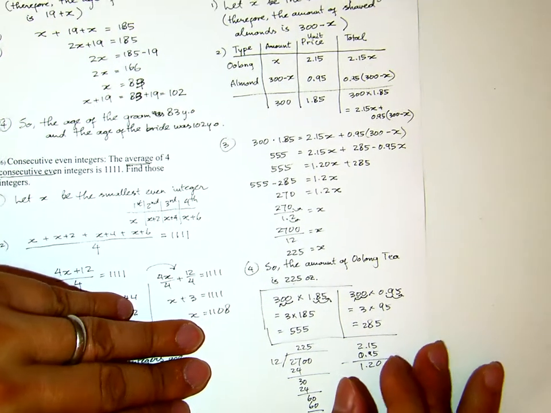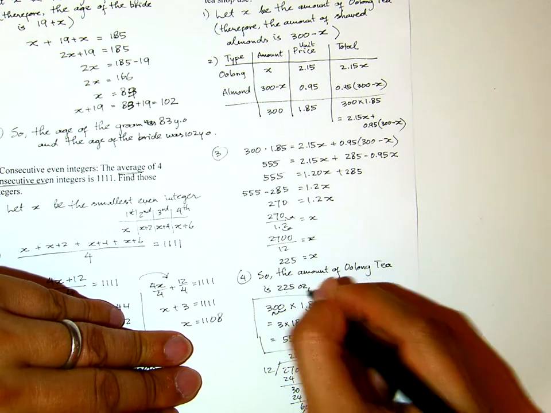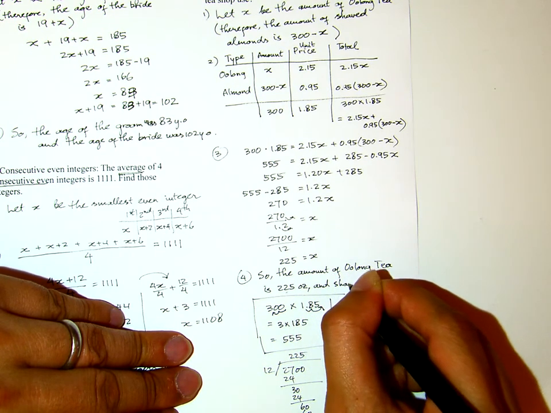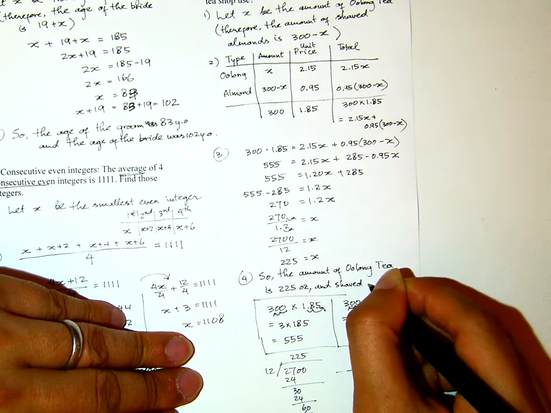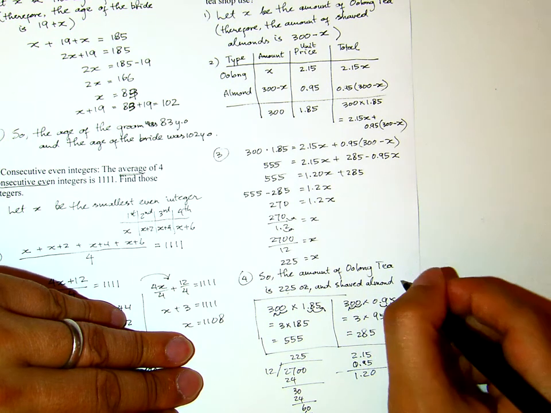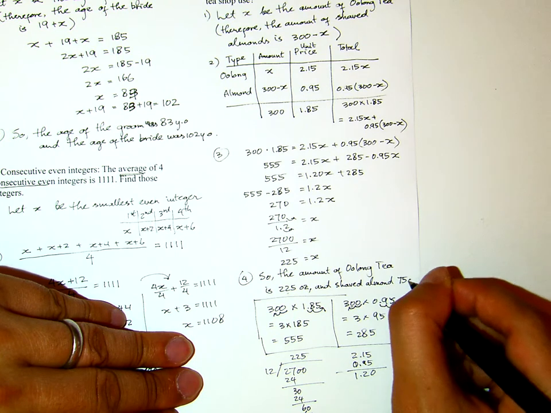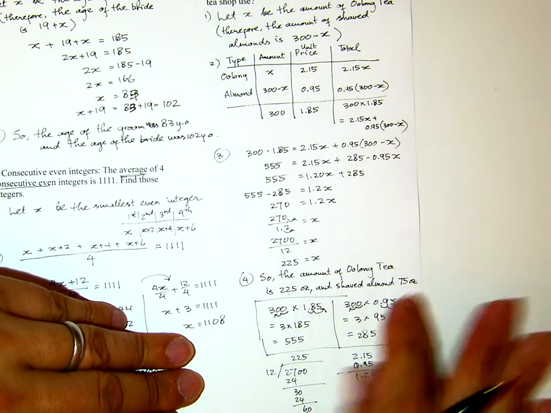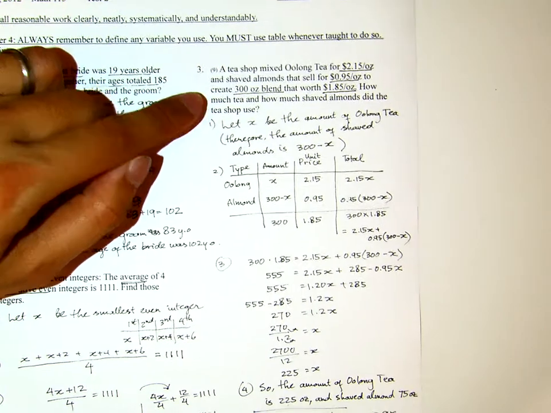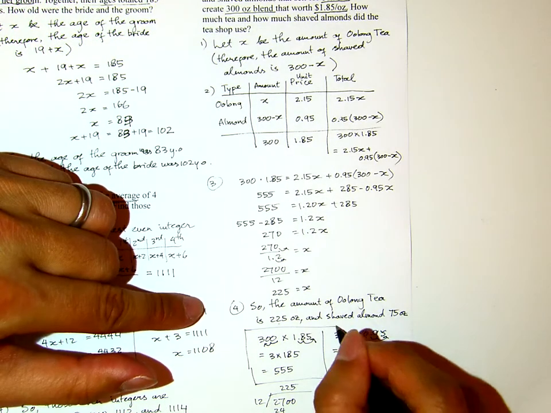And how about the shaved almond? 75 ounces, because they need to add up to 300 ounces. Okay, so that's how we get that one.